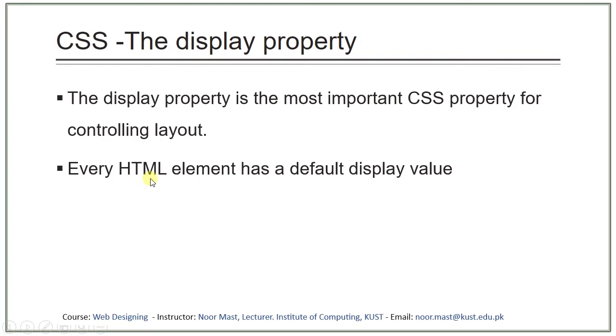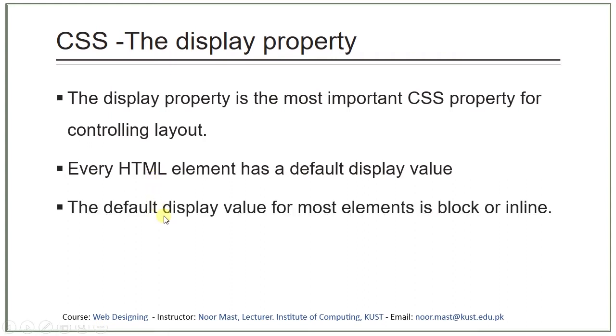The CSS specification defines the default display value for all of the HTML elements. However, for most of the elements, the default value of the display property is block or inline. For example, the div element is rendered as a block, while the span element is displayed as inline.